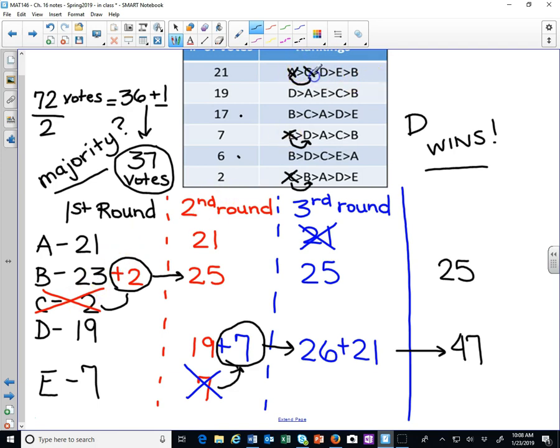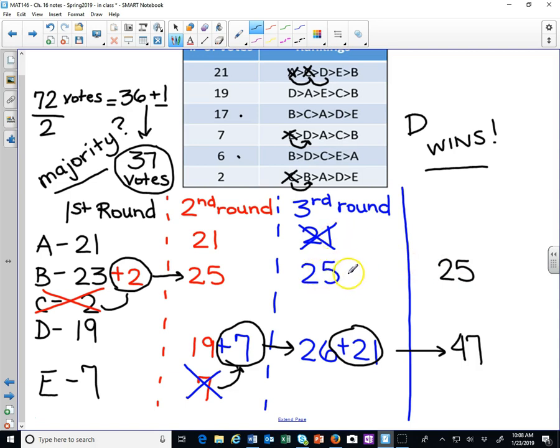So they can't have C. So if they can't have A or C, their next option would have been D. Okay, so D is going to get those points. So you would just keep moving down this ranking until you get to an option that's still available. Okay, so we would add on A's 21 votes to D.